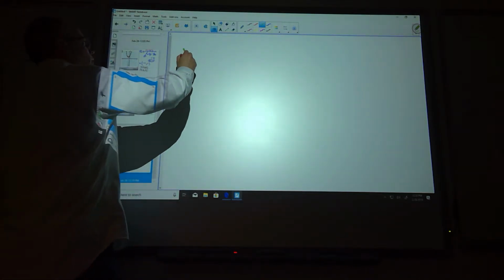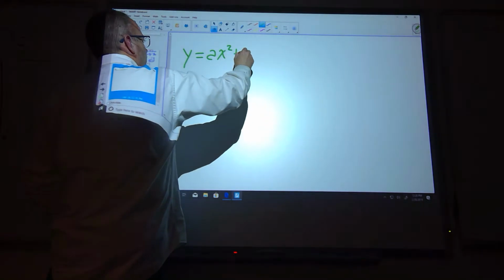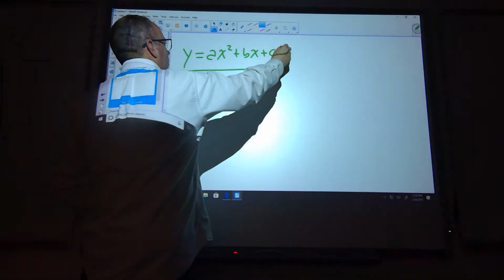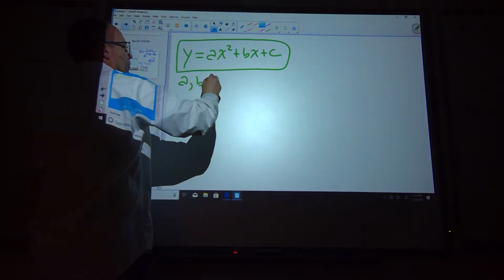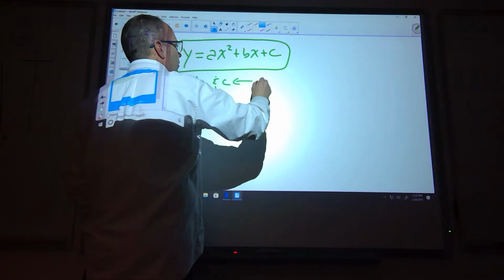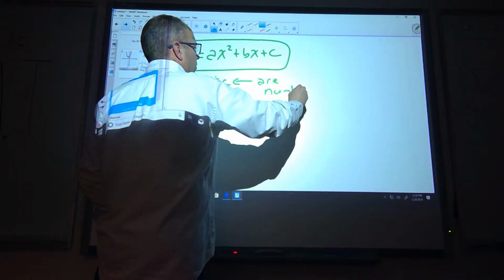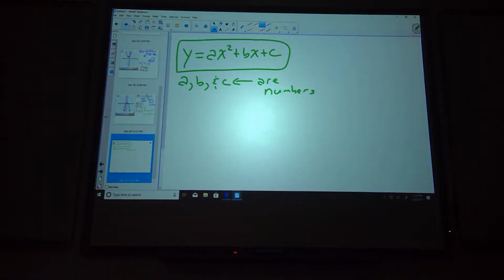So far we have this, where ax squared plus bx plus c, that's standard form of a quadratic, and a, b, and c are actual numbers.